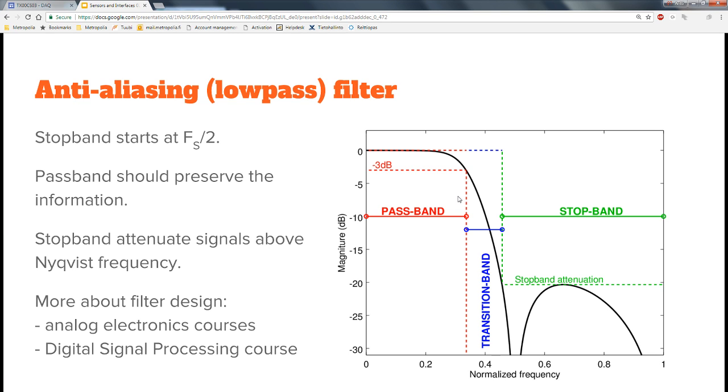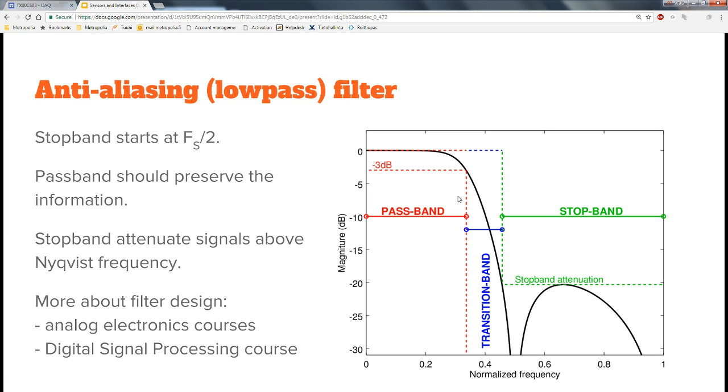Well, what is enough? It's enough when it doesn't show up anymore, meaning below the least significant bit level on the A to D. This is how it should be done. Unfortunately, you cannot do it every time like that. So basically you need to go below the Nyquist frequency. Nyquist frequency was the Fs over 2.